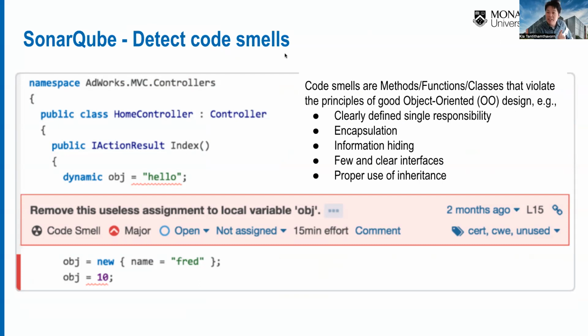Code smell, as I mentioned before, is about maintainability issues, right? By definition, code smells are methods, functions, or classes that violate the principles of good object-oriented design. For example, clearly defined single responsibility, encapsulation, information hiding, clear interfaces, proper use of inheritance. These are more about object-oriented design.